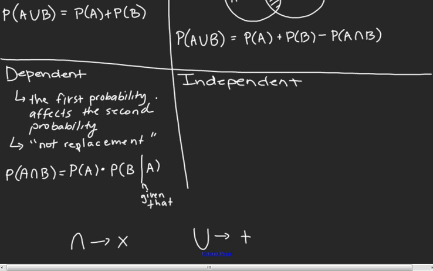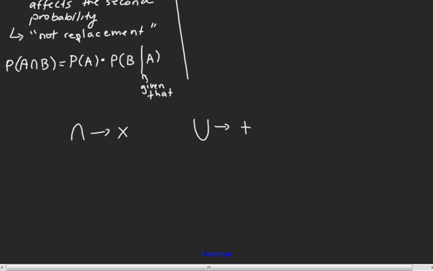And sometimes it's going to ask us to find the probability of B given that A has occurred. So we just rearrange this formula. What would the formula look like if I want to find the probability of B given A has occurred? What would you have to do to both sides?